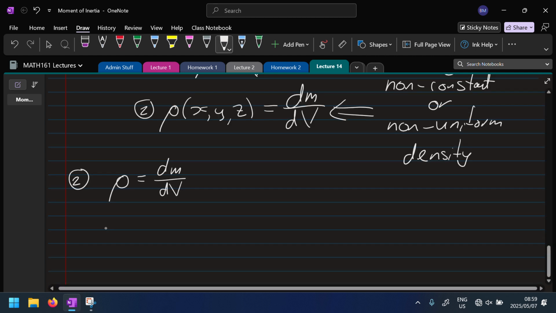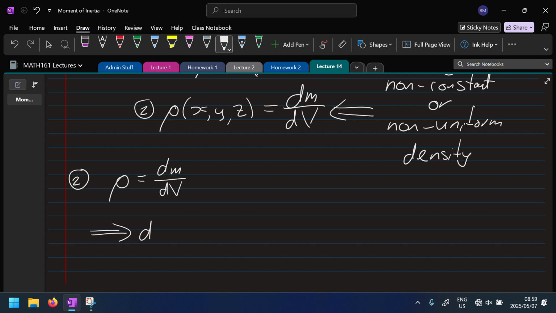We're going to rearrange this a little bit. I'm going to multiply both sides by dv. That's going to give us dm is equal to rho dv. Again, this rho is not constant, but I'm not going to write the x, y, z. So now we have dm in terms of dv.